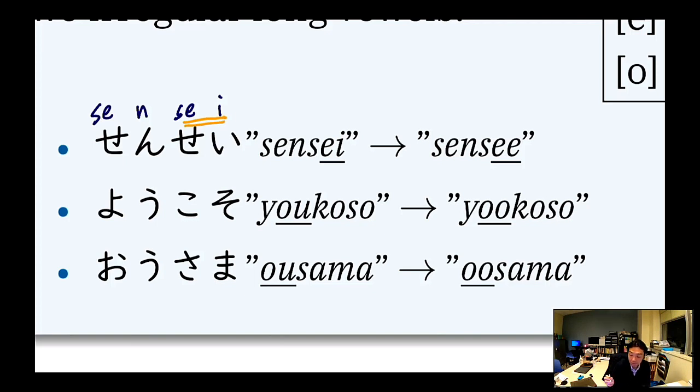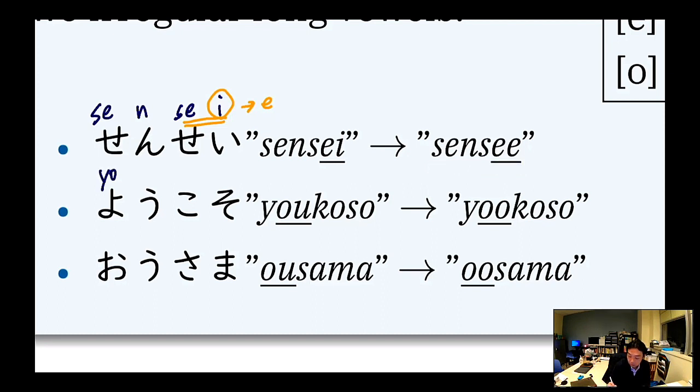And what happens is this I sound becomes a long E sound. So instead of saying se-i, we say sensei with a long E. You heard a long one, like the I sound didn't appear.